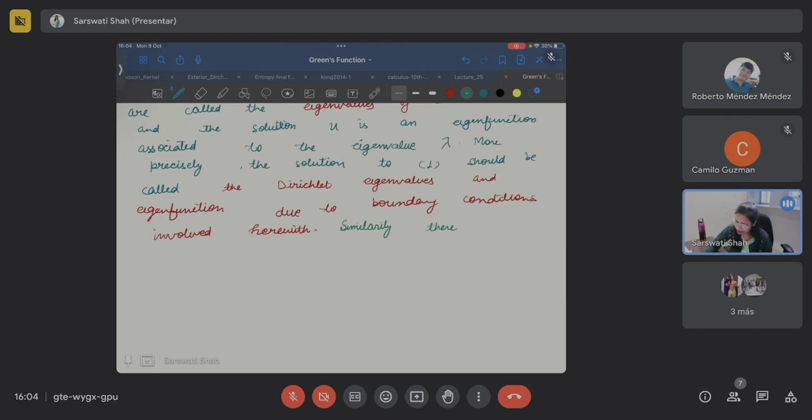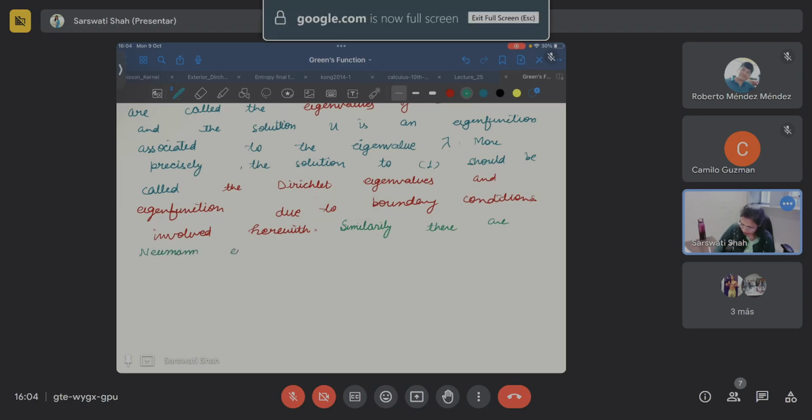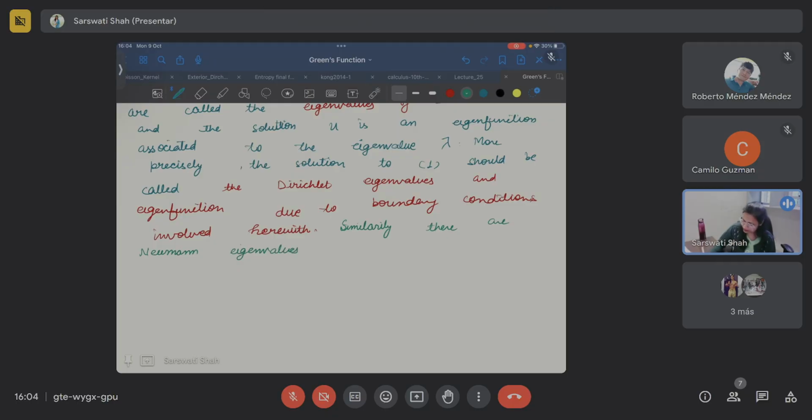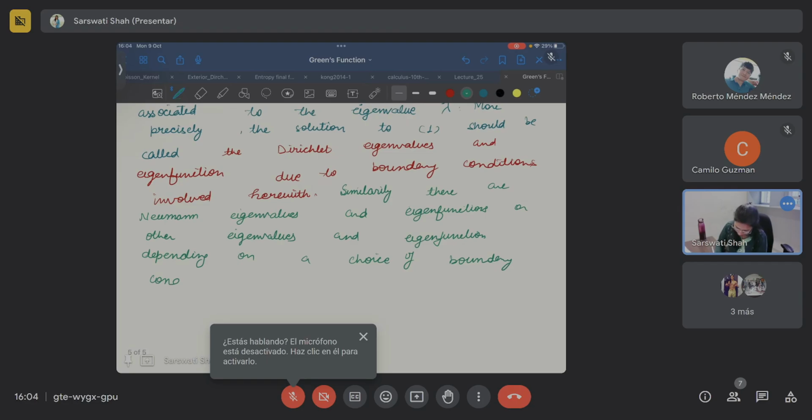Similarly, there are Neumann eigenvalues and eigenfunctions, or other eigenvalues and eigenfunctions, depending on the choice of boundary condition.